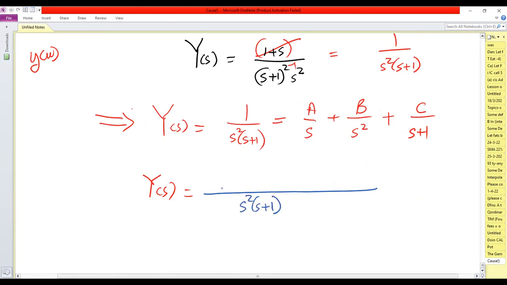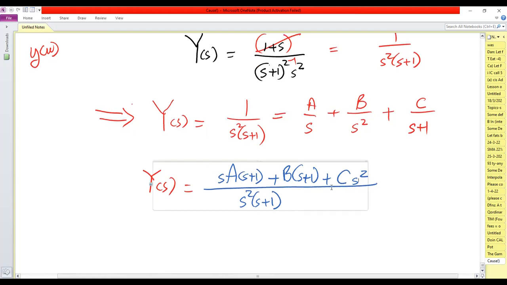So s into this LCM will be s times A times (s plus 1) plus B into (s plus 1) plus C s squared. So this is the same thing as what we had as s squared into s plus 1.